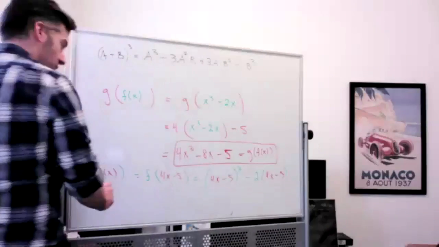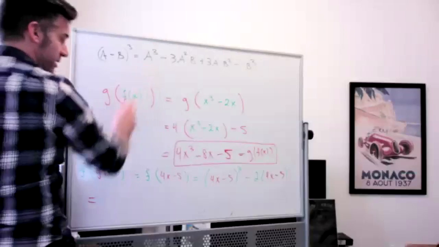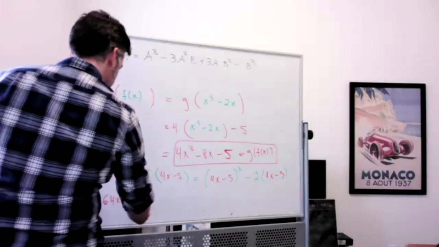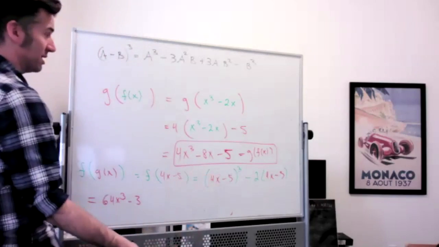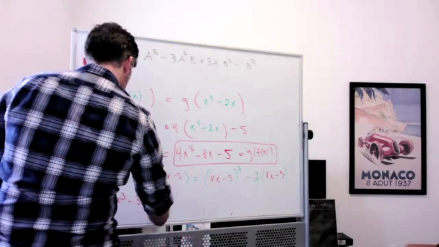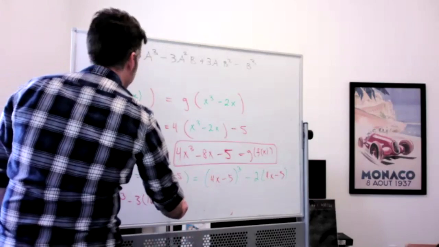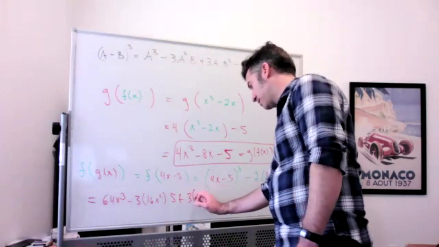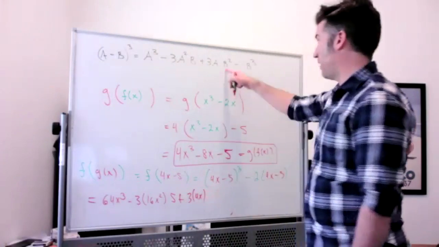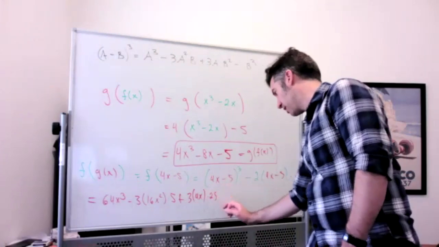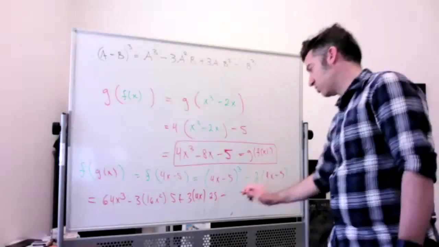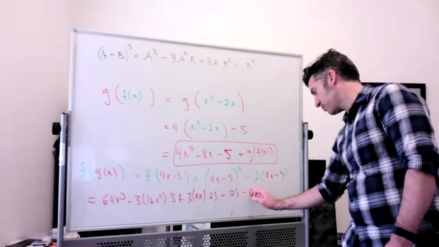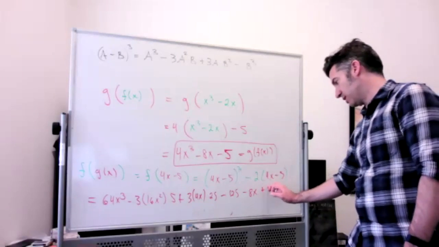This ends up equaling 4x cubed, which is 64x cubed, minus 3 times 4x squared, which is 16x squared, times 5, plus 3 times 4x times 5 squared, which is 25, minus 5 cubed, which is 125, minus 2 times 4x, minus 2 times minus 5 is plus 10.